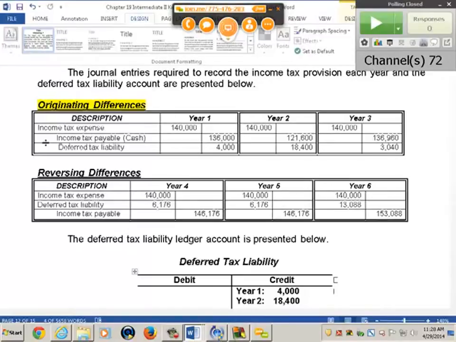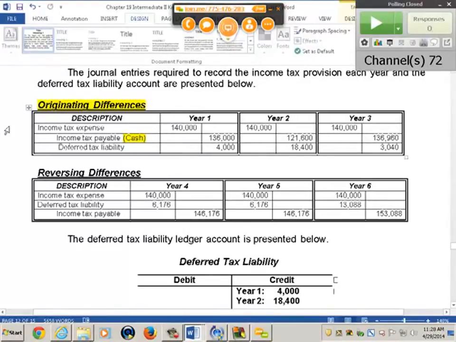Basically, if you really wanted to look at this, I've got income tax expense, and let's say that's cash. You notice I put cash in there, and that's why I had that question that I wanted to answer. Let's say you paid cash.